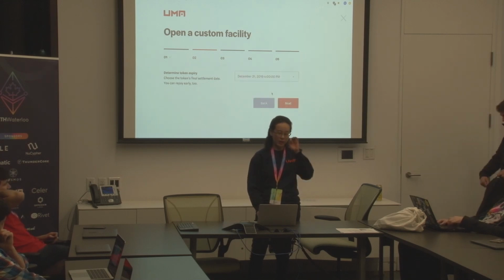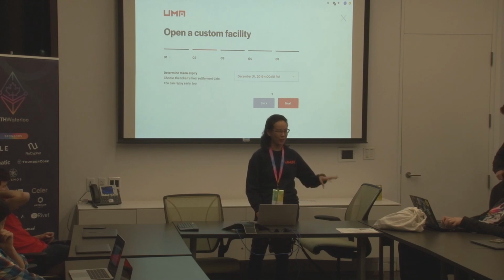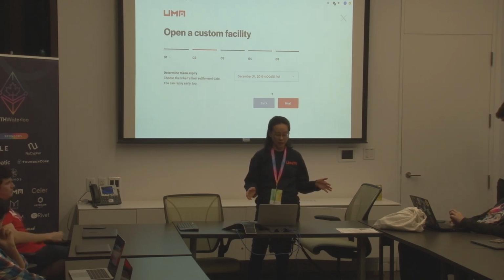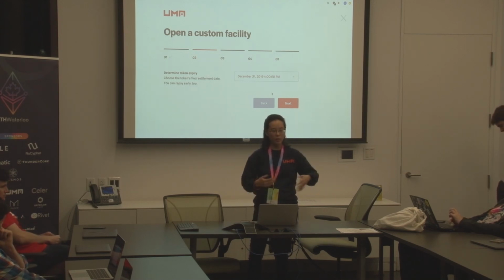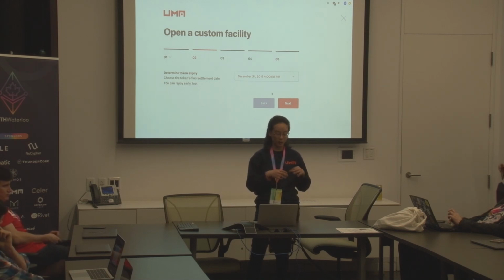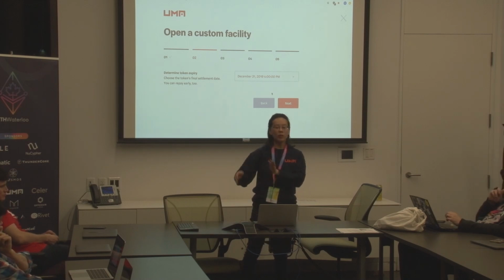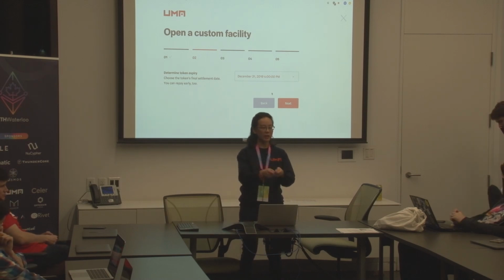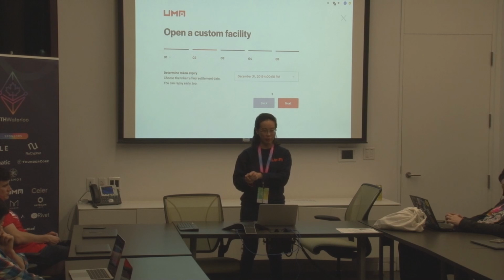The reason these tokens have to expire has additional financial engineering context behind it that we can discuss later. But what this expiration date means is that before the expiration date, only the token sponsor can buy and redeem these tokens against his own facility. At and after the expiration date, anyone who holds the token can automatically redeem it against the token facility for the amount of backing collateral that was in there.